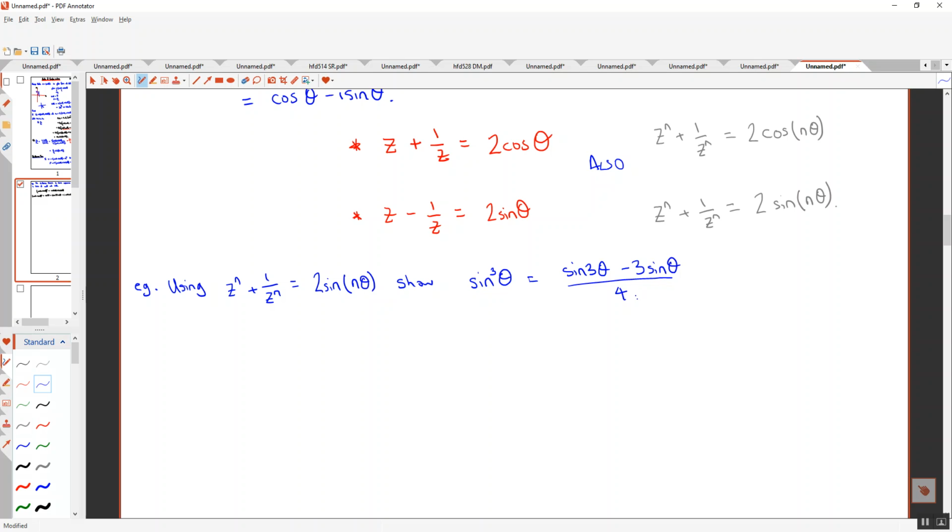Okay, so we'll start off using this result. So using z plus 1 over z is equal to 2 cos.